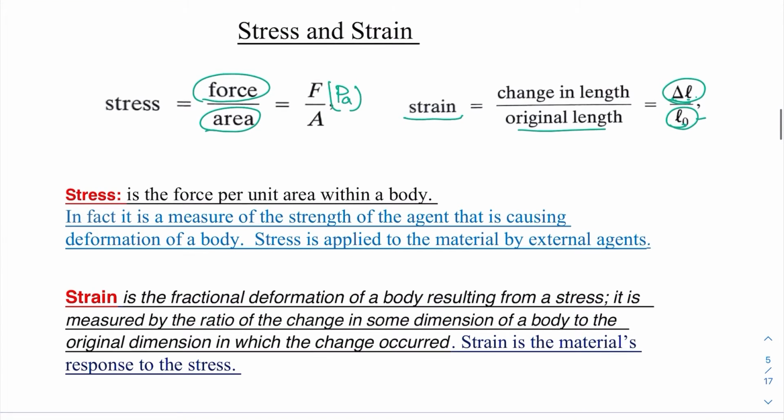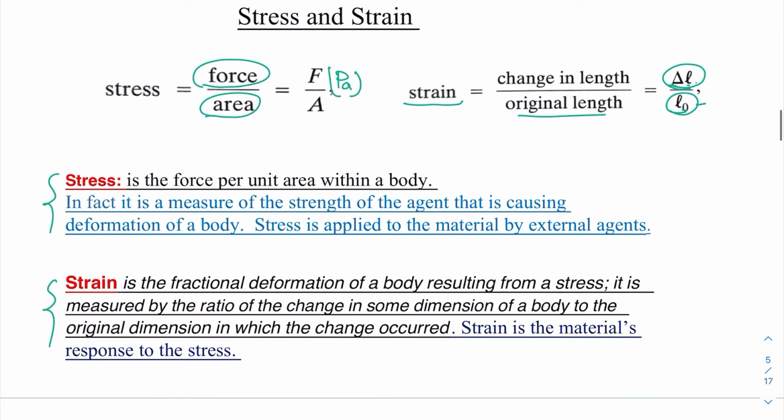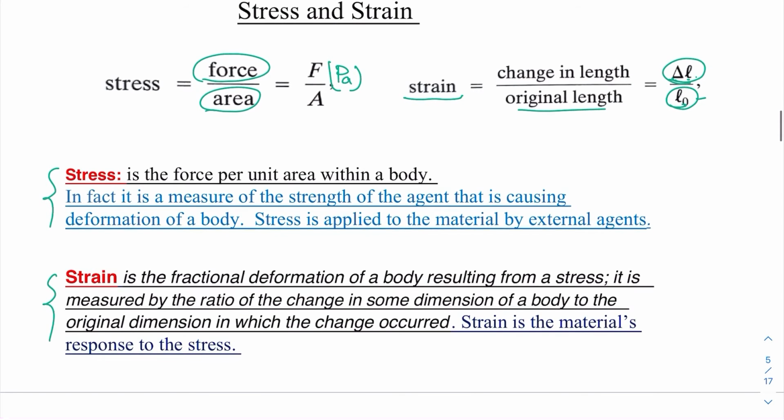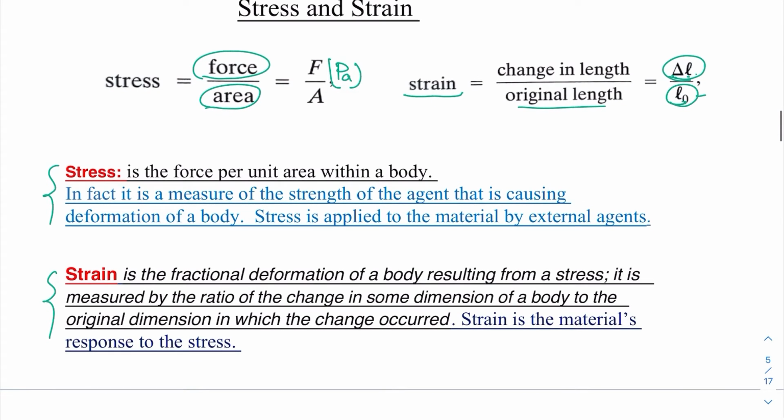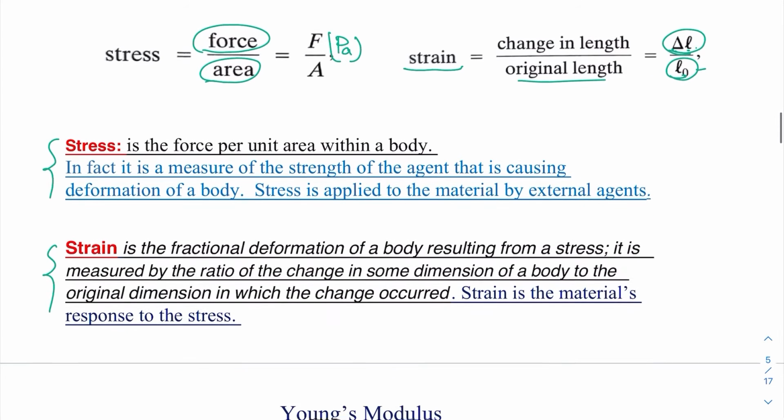And these are the definitions of stress and strain. So stress is the force per unit area within a body. In fact, it is a measure of the strength of the agent that is causing the deformation of a body. Stress is applied to the material by external agents.